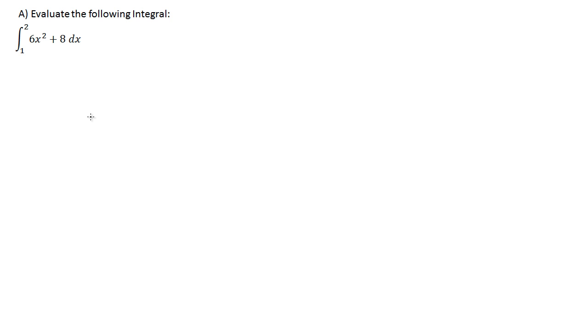Now on this question we're asked to evaluate an integral. Before I start, I'm going to explain briefly how to evaluate an integral. So imagine we have an integral of ax dx with no limits.